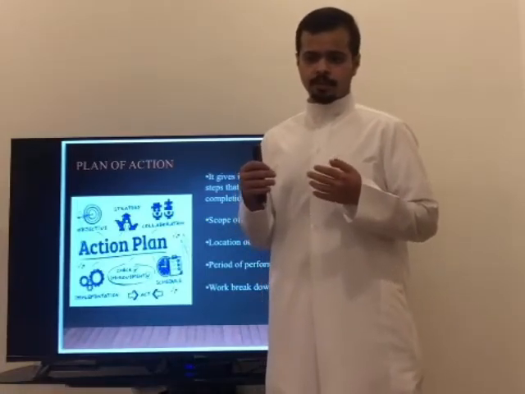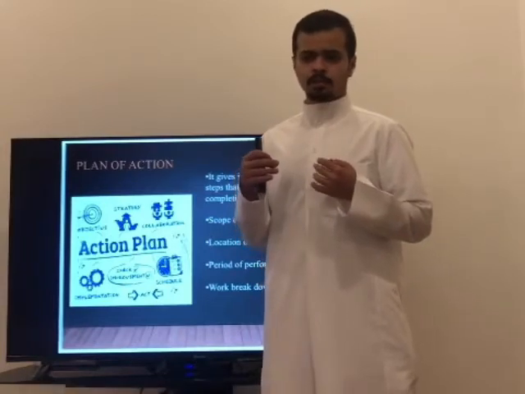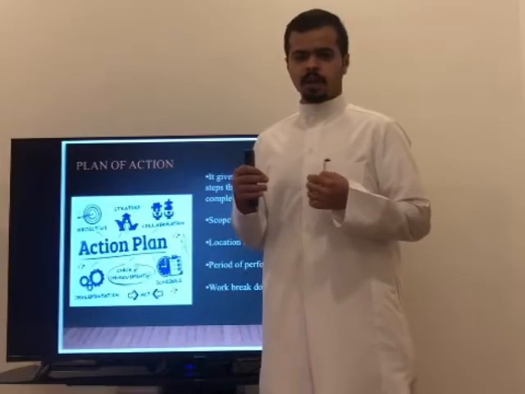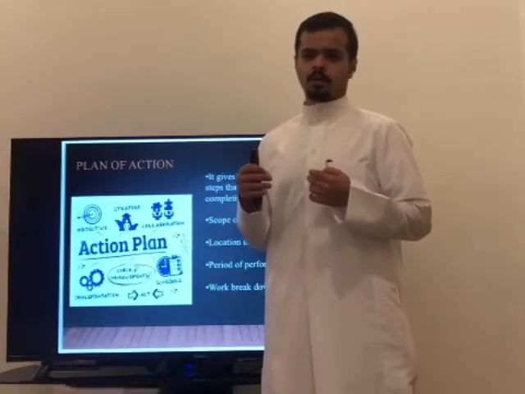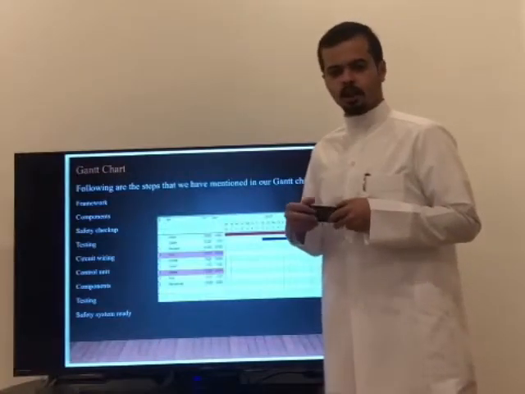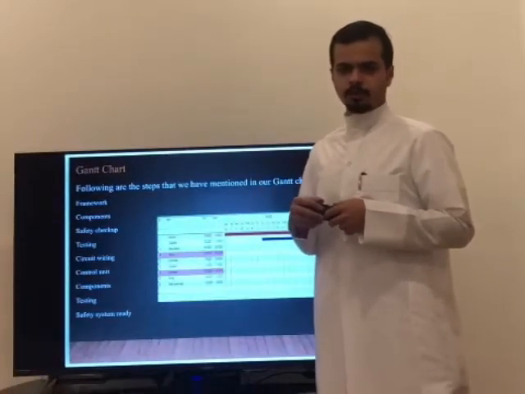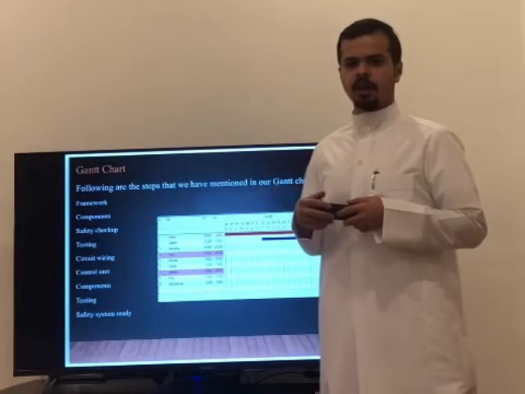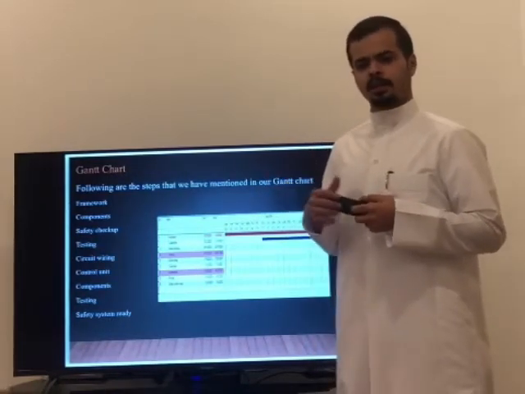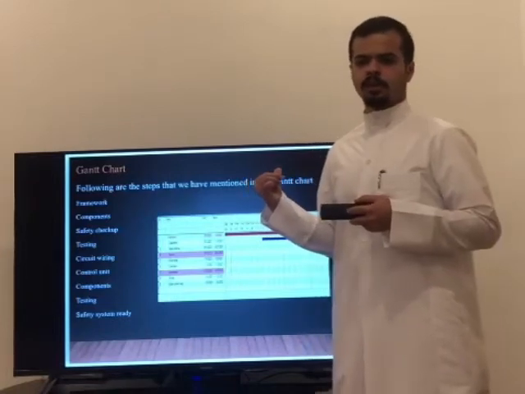The next step is about the work breakdown structure. In this part we have divided our project into different parts, and this slide shows the Gantt chart of our project. You can see that it contains all the steps and stages majorly involved in our project.